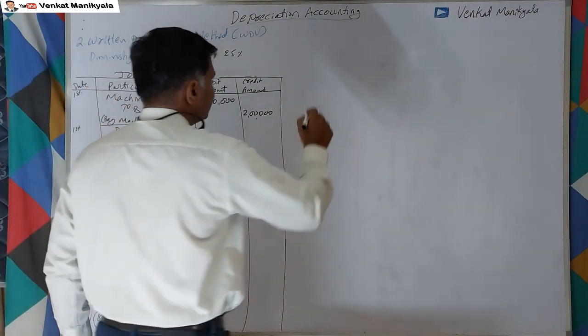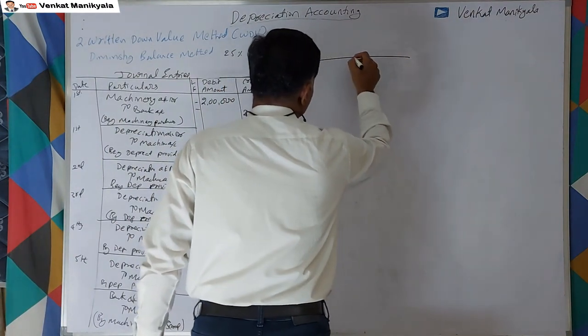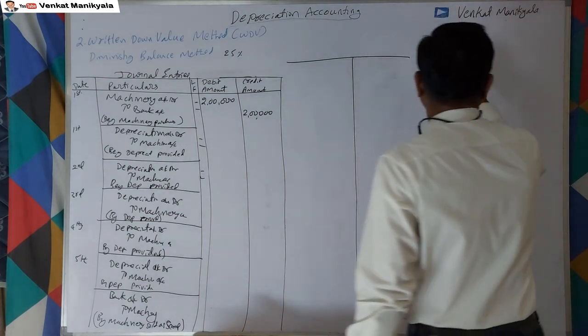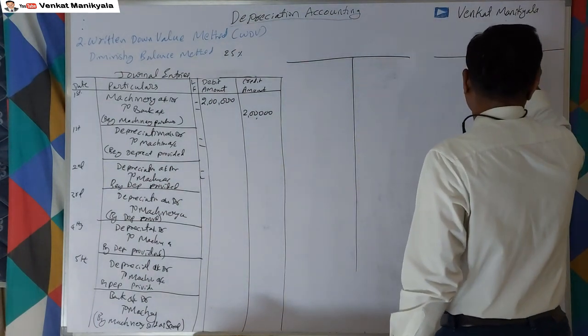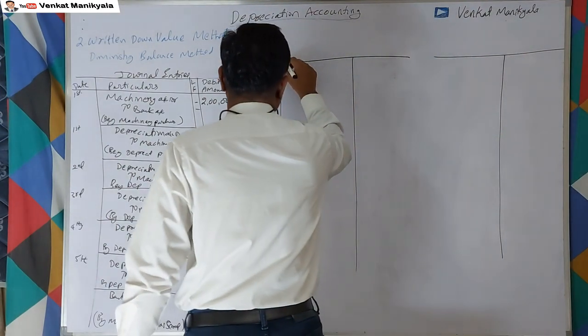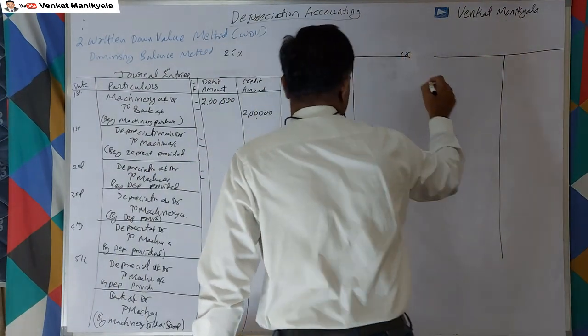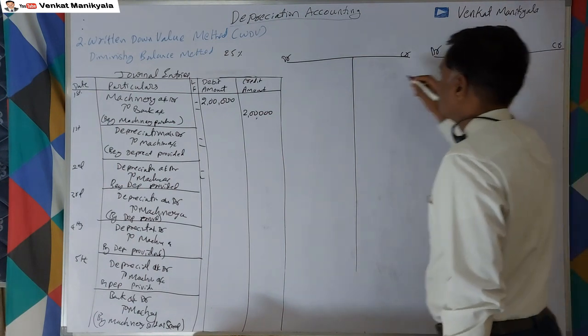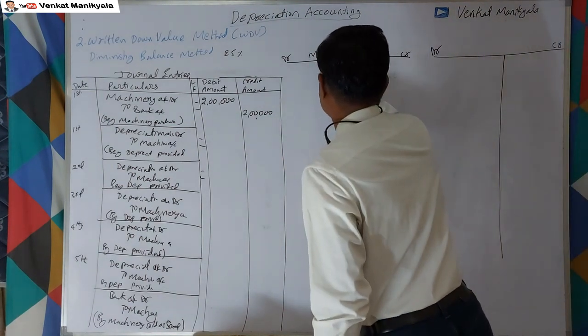So now let us maintain the machinery account. Here I am not writing debit and credit, all these formalities I am not doing, but you have to write all those columns. I am writing T-shape accounts, right? So this is a machinery account.